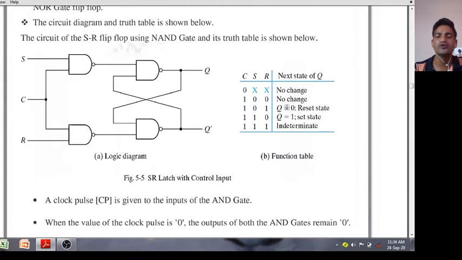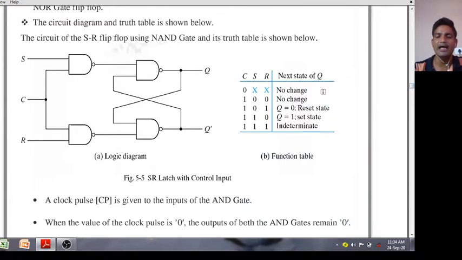In this, Q will be 0. In 1 0, Q will be 1, and this is called your set condition. 1 1, it is indeterminate condition, or you can say it is invalid condition or forbidden condition. This is your characteristics table of your SR flip-flop.